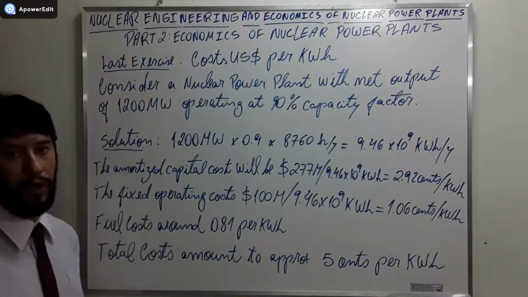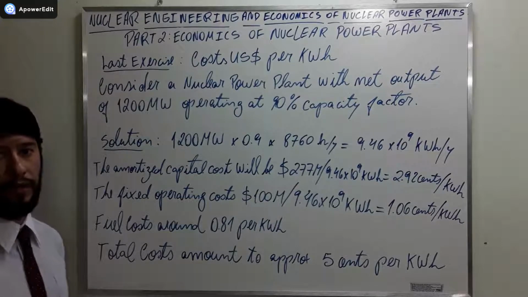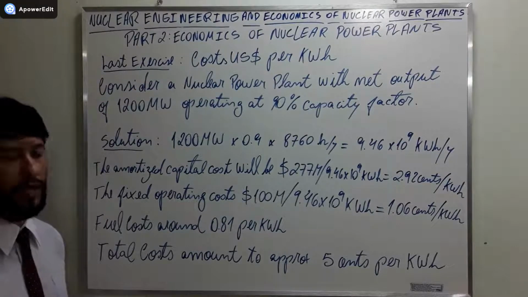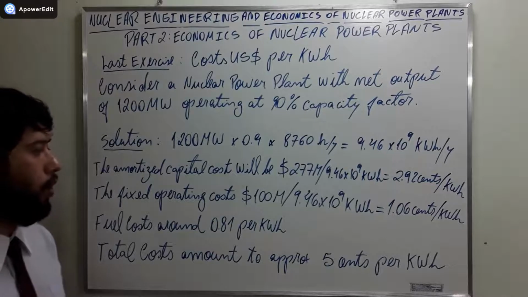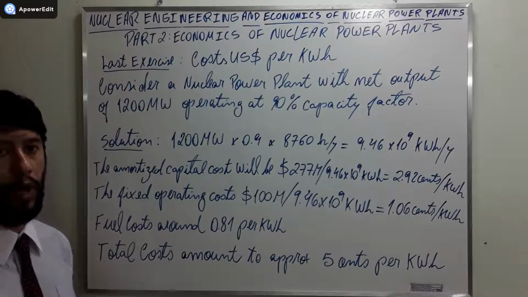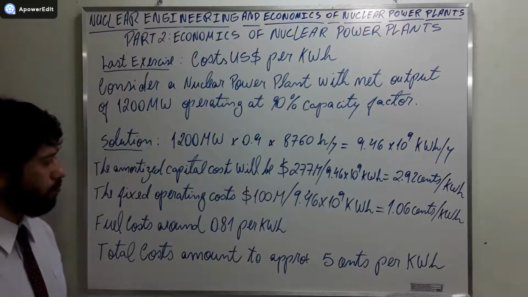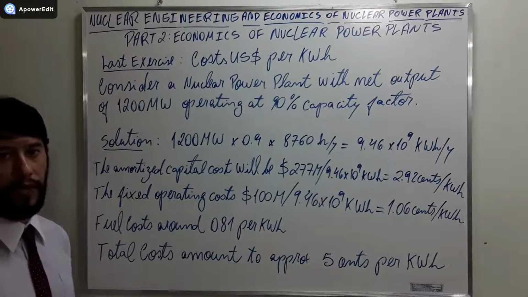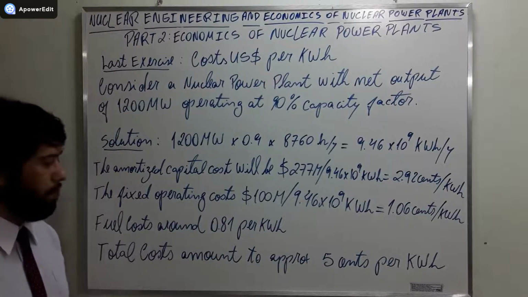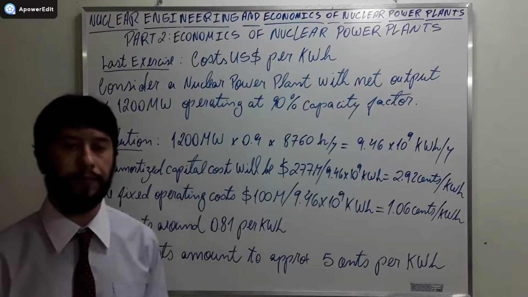The fixed operating costs will be $100 million divided by 9.46 times 10 to the 9th kilowatt hour, which is 1.06 cents per kilowatt hour. The fuel costs are around 0.81 cents per kilowatt hour, and the total costs amount to approximately 5 cents per kilowatt hour.